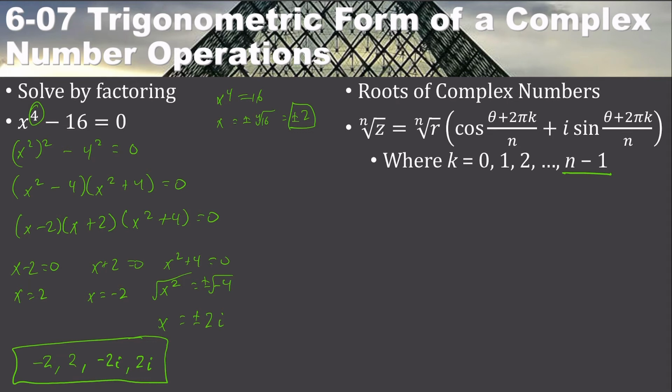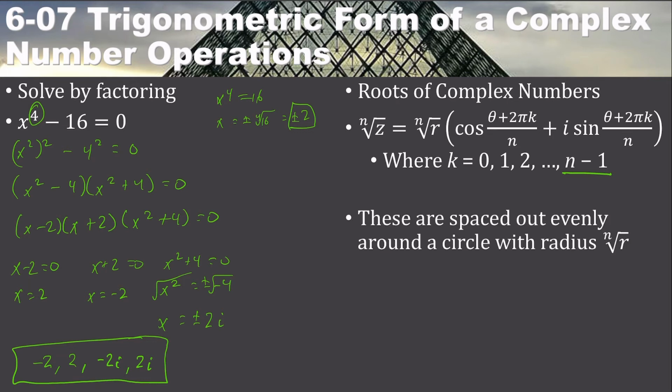And what's really cool, these are evenly spaced around a circle with a radius of the nth root of r. So let's think about these fourth roots of 16. What we've done here, in this original problem, is we found all the fourth roots of 16.